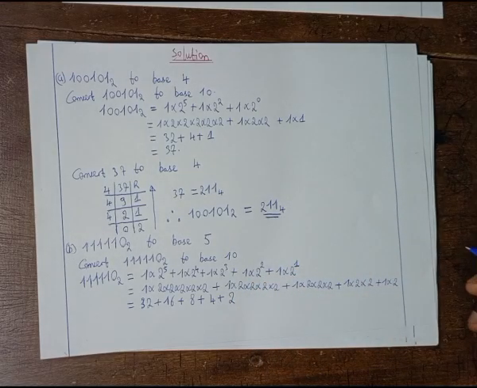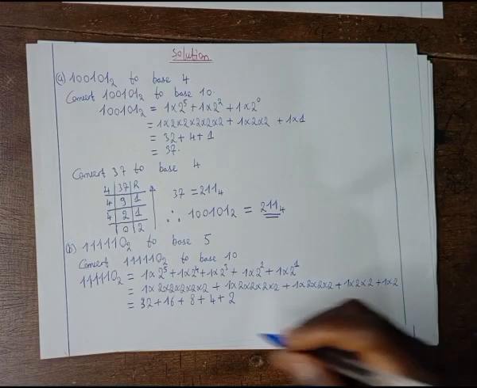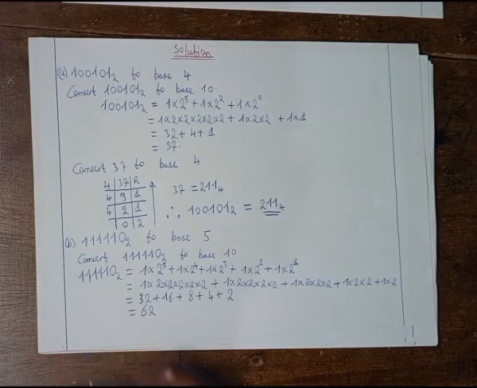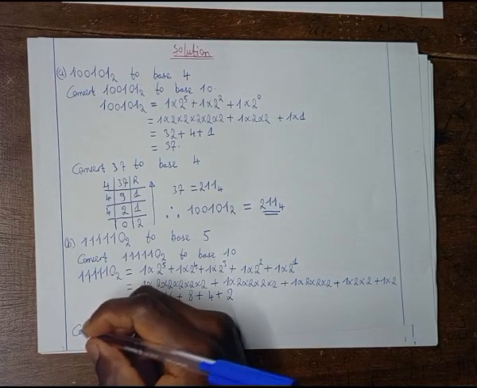Next, 32 plus 16 gives us 48 plus 8 gives us 56 plus 4 gives us 60 plus 2 gives us 62. Next step now we have to convert 62 to base 5, the new base.